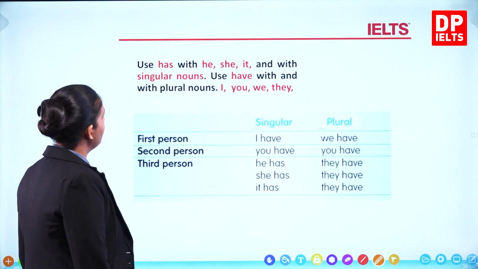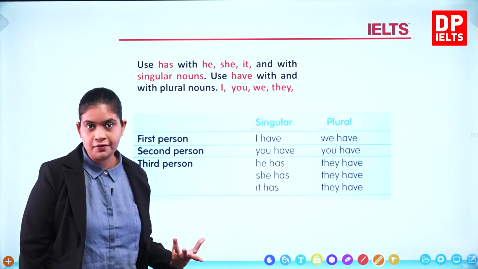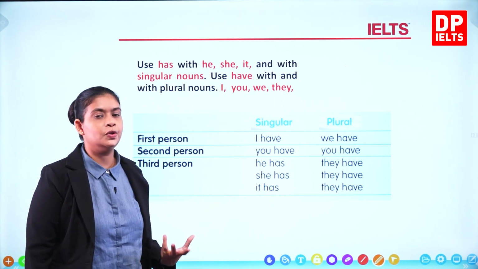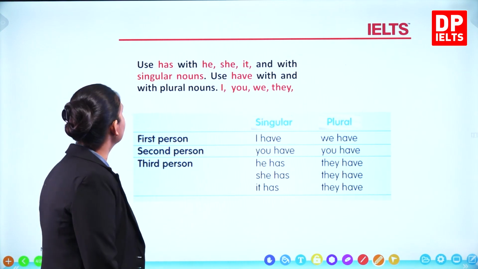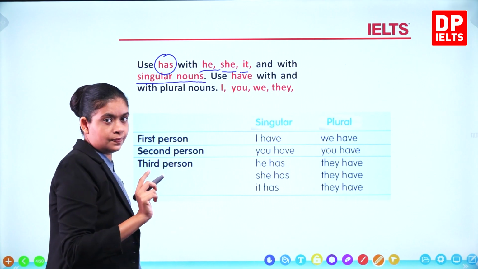Right. Now we have to see when do we use have and when do we use has, right? Use has with he, she or it, and you could even use it with singular nouns.